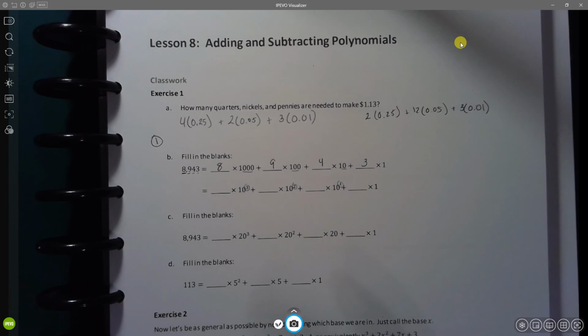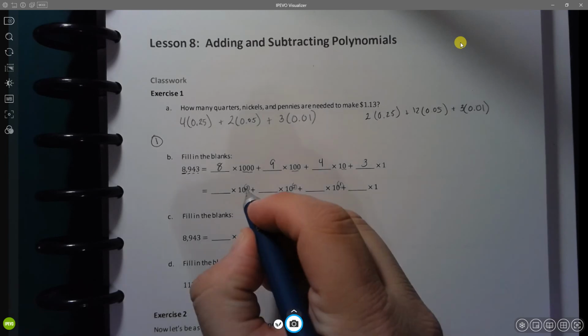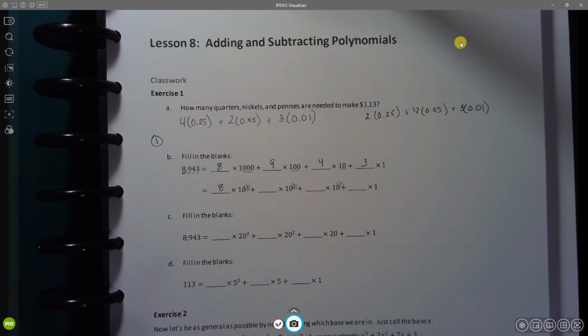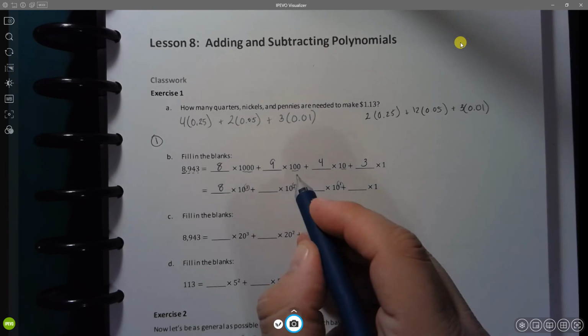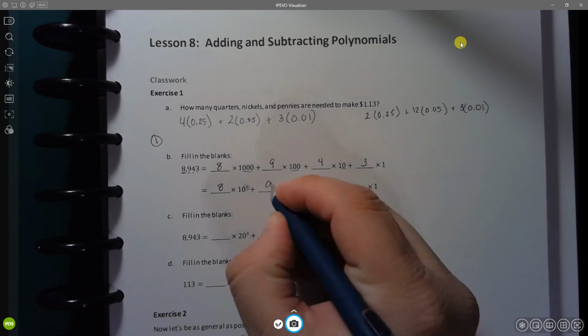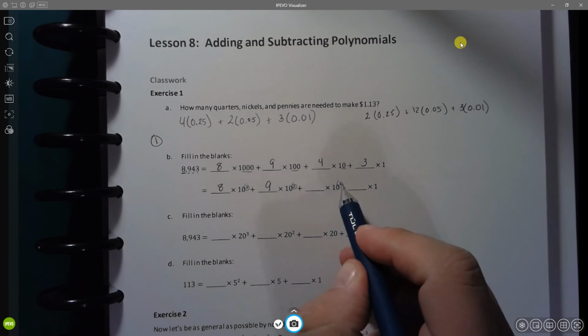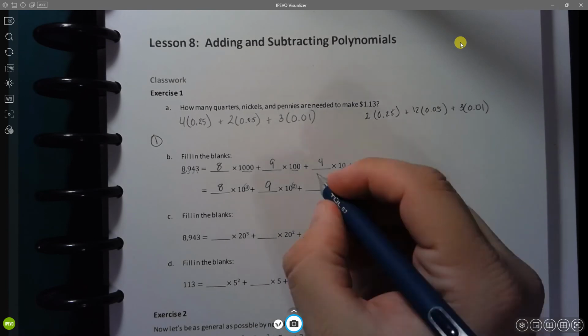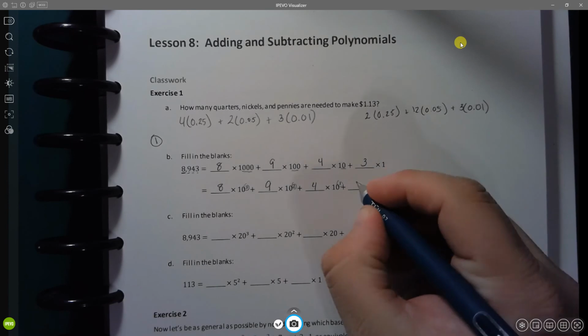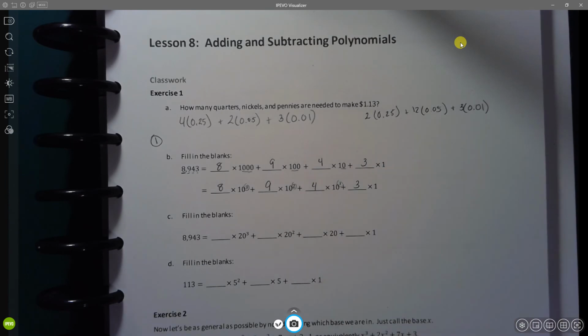Nothing has changed. 10 to the third is the same as 1,000, so there are 8 10 to the thirds. 10 to the second is the same as 100, so there are 9 10 to the seconds. 10 to the first is the same as saying 10, so that's 4, and then 3 ones. Okay, expanded form. So you can have a variety of ways of writing this. It just changes based on the information you have.